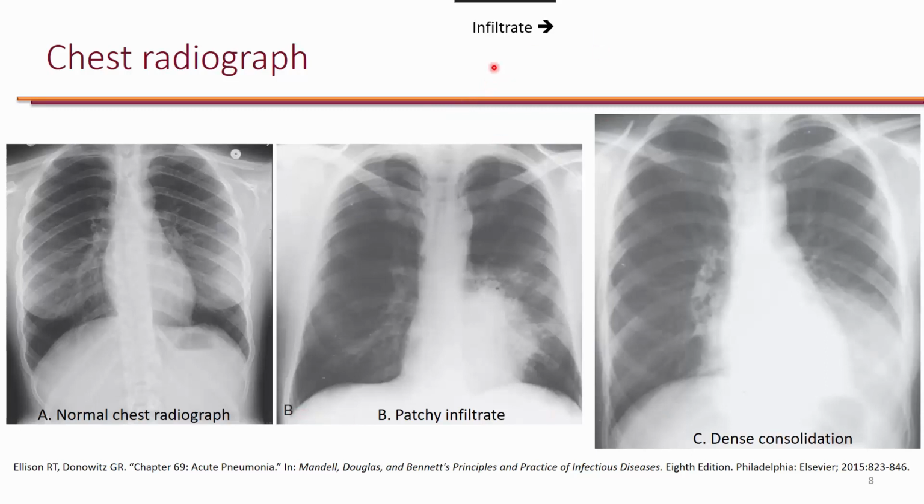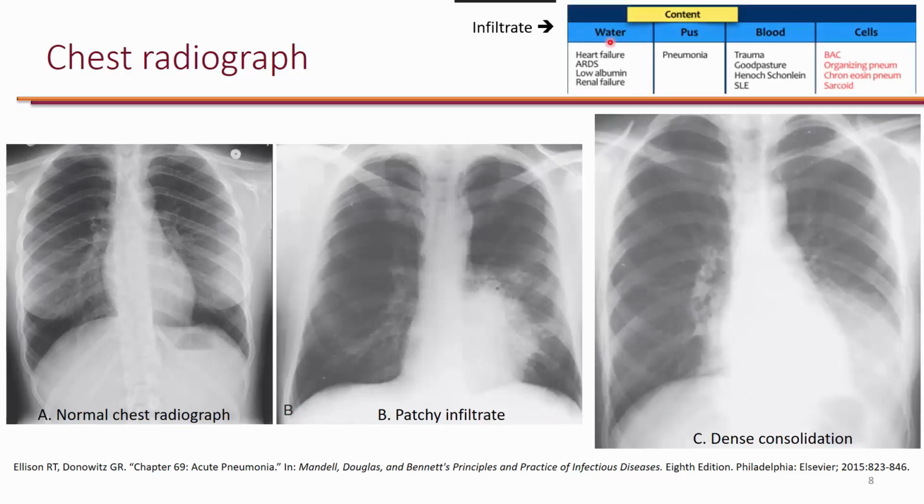These infiltrates or increased opacities, which you will see in chest X-rays B and C, could be due to different things. Some of the possibilities include water in the lung. If you see water on the chest X-ray as infiltrate, it would be common in patients with heart failure who have fluid retention, or patients with low albumin, for example. Cirrhotic patients also have fluid retention, so you will see these fluids as infiltrate on chest X-ray. The content can also be pus, which will be the case in pneumonia.